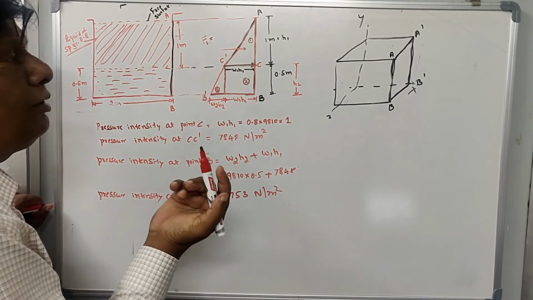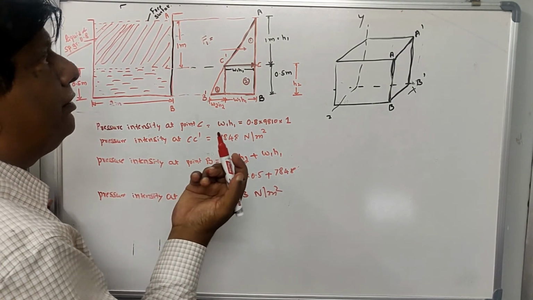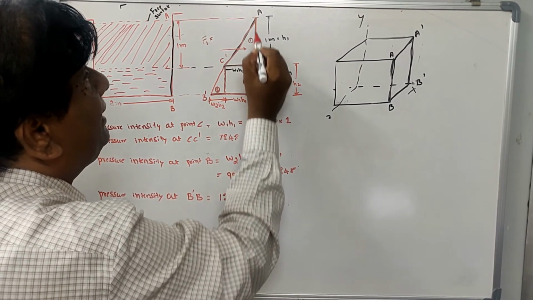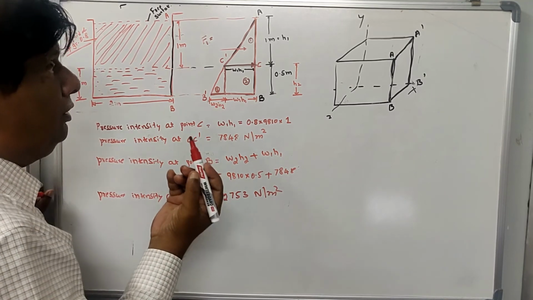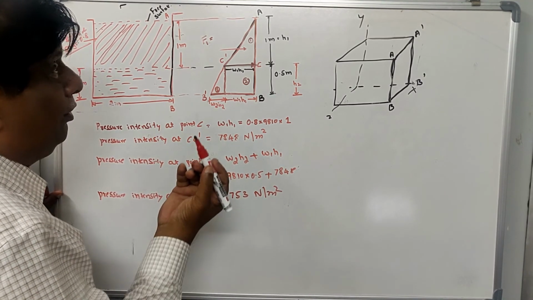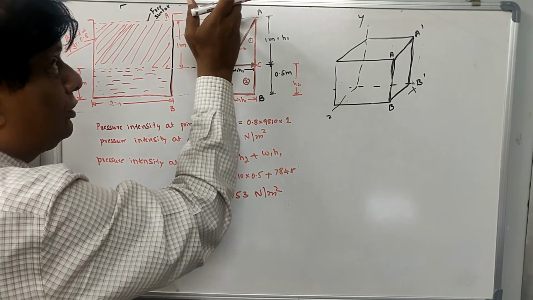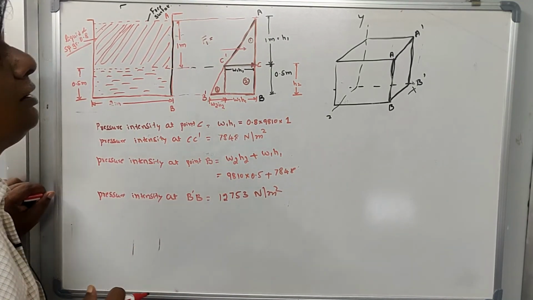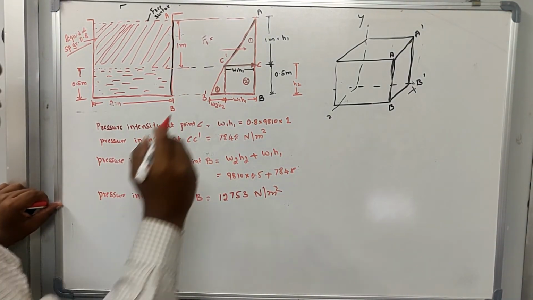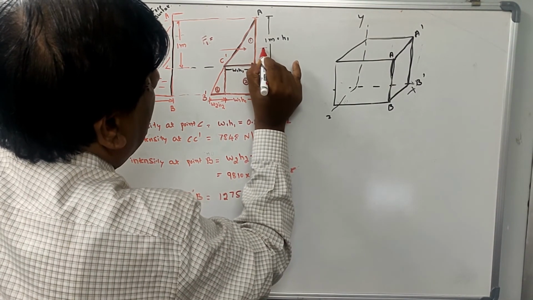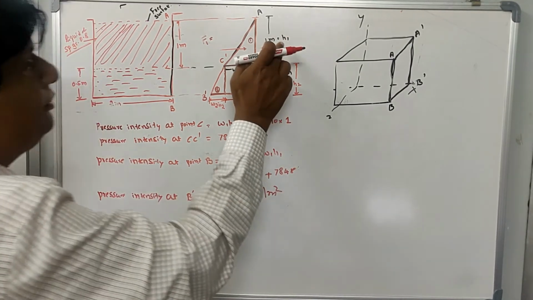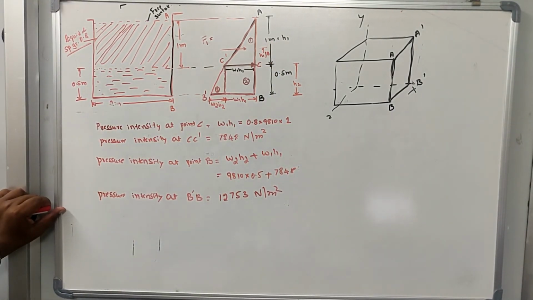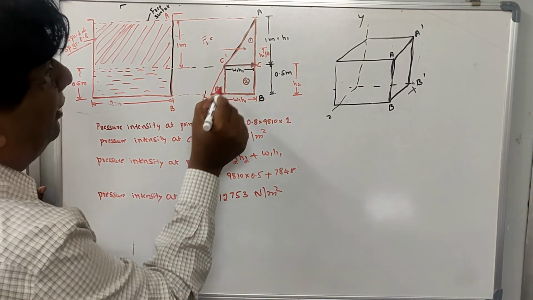You know the CG point lies, because the plane is touching the free surface, 1/3 from the base or 2/3 from the top surface. So this force is acting at a distance of H1 by 3 from the base.